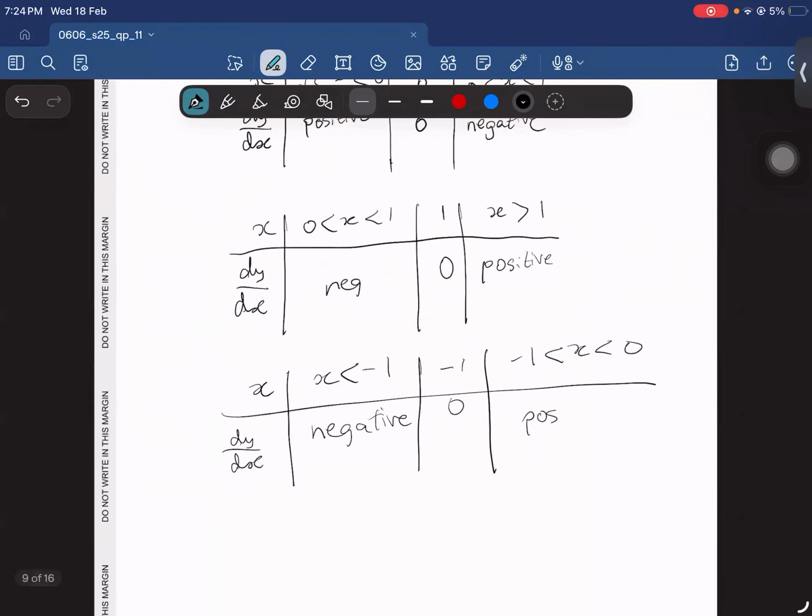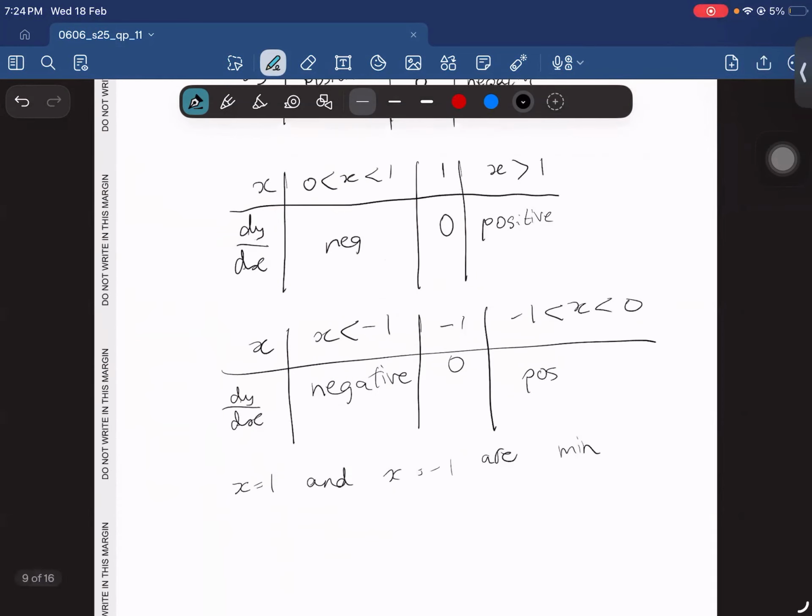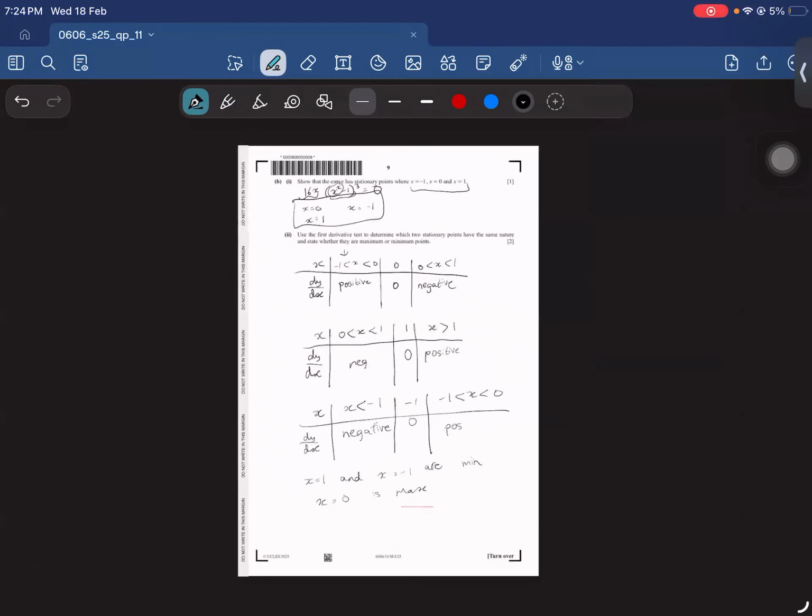So that means that x equals 1 and x equals -1 are min, and x equals 0 is max. And that is your answer.